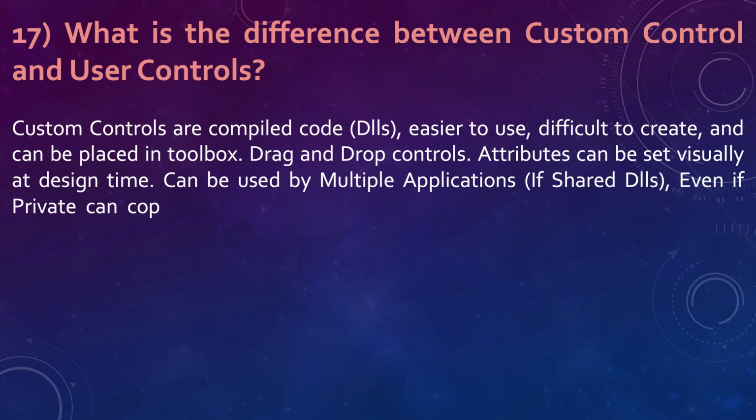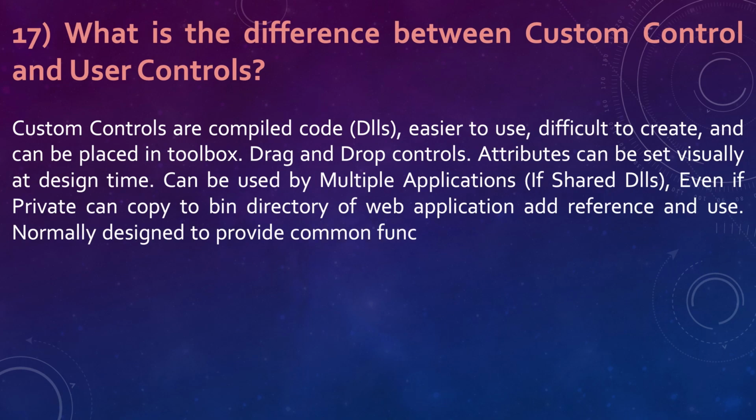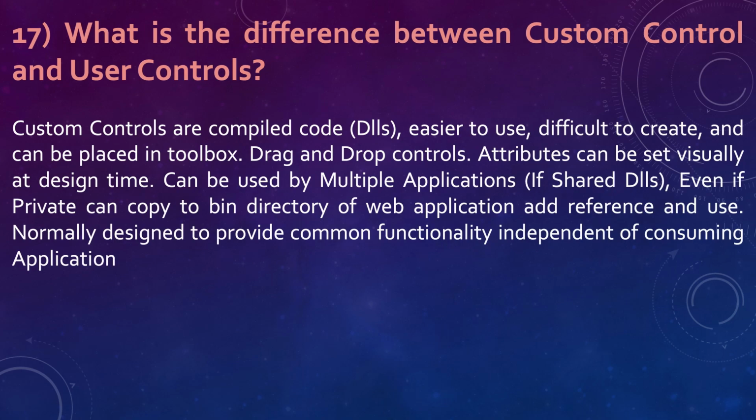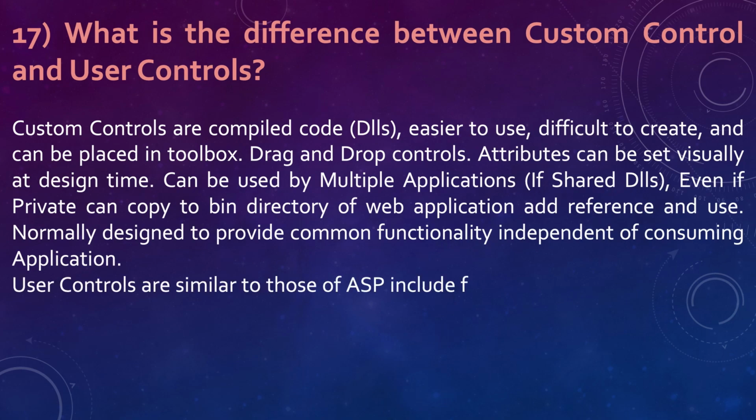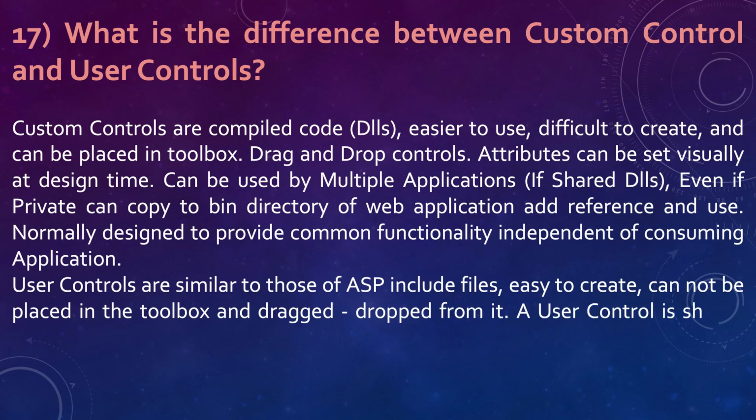Even if private, can be copied to the bin directory of a web application, add a reference and use. Normally designed to provide common functionality independent of the consuming application. User controls are similar to those of ASP include files, easy to create, cannot be placed in the toolbox and dragged and dropped from it. A user control is shared among the single application's files.